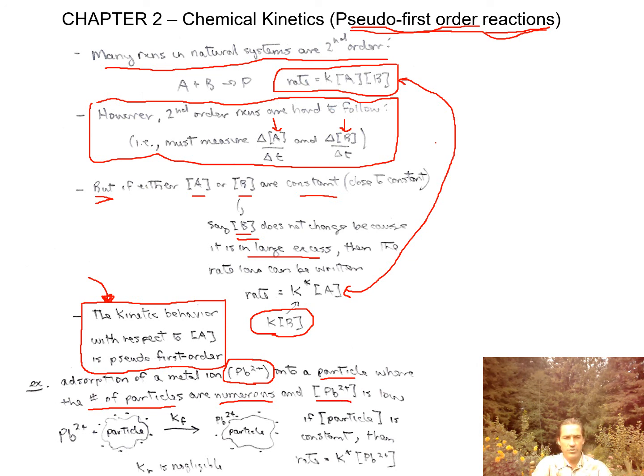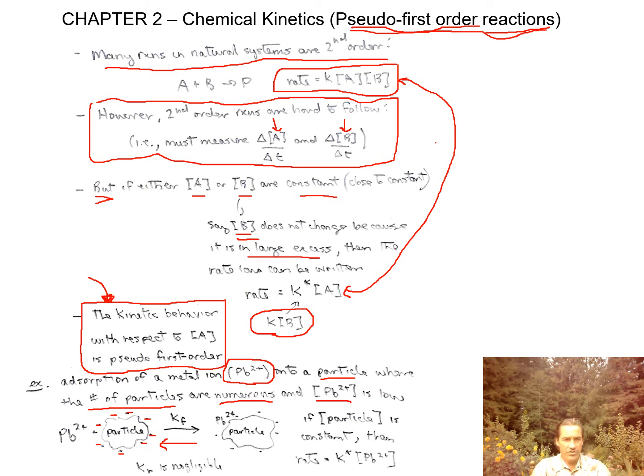Lead likes to adsorb onto particles, especially particles that have mineral interfaces. If you have oxygens with negative charges, that's a nice place for lead to adsorb and stick to particles. And so we look at this reaction, and this is the rate constant for this reaction going forward. We're going to say that the reverse rate is negligible, but nonetheless, this lead sticks to the particle.